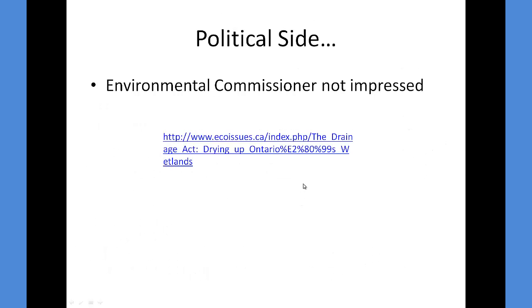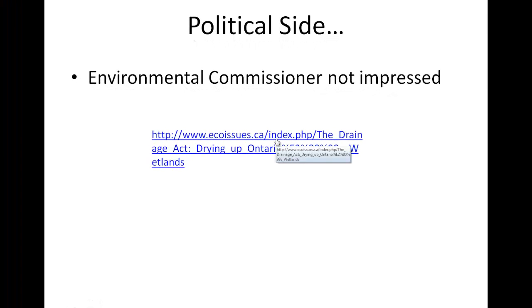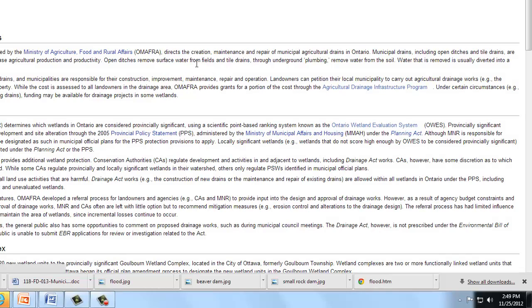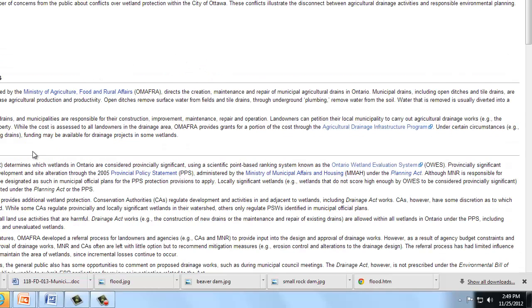Now looking on the political side, in 2010, the report came out in 2011, Commissioner Gordon Miller came out with a study through the Environmental Bill of Rights criticizing the Drainage Act, and he had a number of scenarios that he used as an example, and a couple of sites and government decisions.